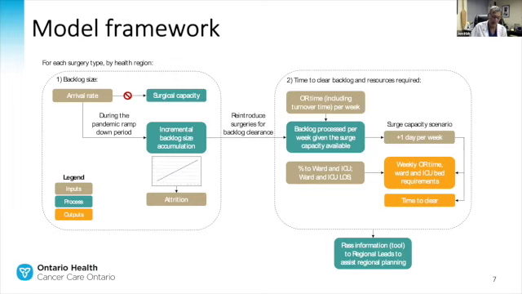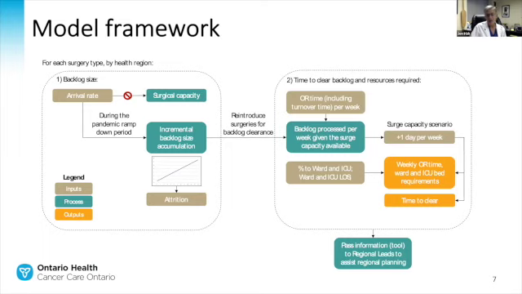This can be modified again by hospital data, regional data, or provincial data, and can become customized to numbers that are inputted. The key input parameters for us included operating room time, ward and ICU length of stay, the estimates of the number of operating rooms, and the historical proportions of surgeries requiring ward and ICU utilization. As far as process goes, on the left-hand side, it's the incremental backlog size accumulation, and I've already described how that was estimated. On the right-hand side, the process was the backlog that was processed per week, given the surge capacity available.